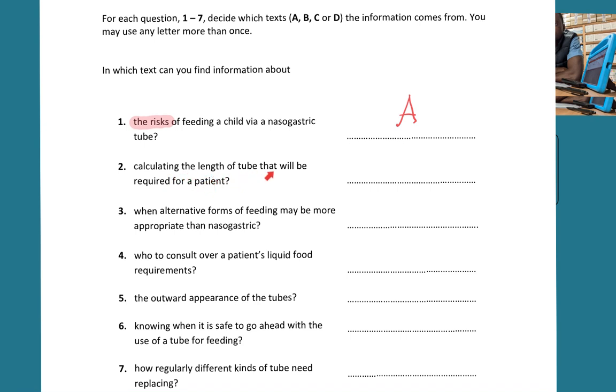Also, this part of the question is focusing on the tube, the length of the tube. Therefore, we go to the text that contains more information about the tube, the types of tube, then we look for information over there, and text B is more likely. This time around, we know our text, so we don't waste time. We rush to the text that we are very sure of.